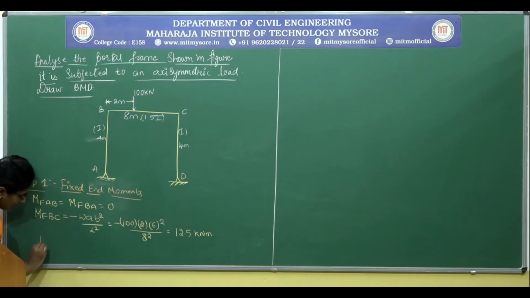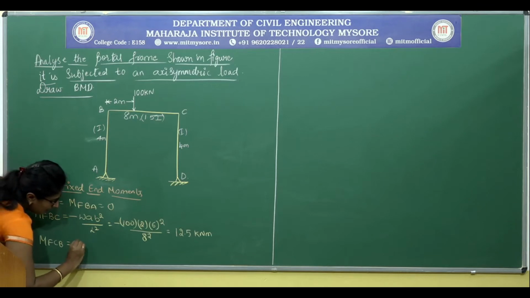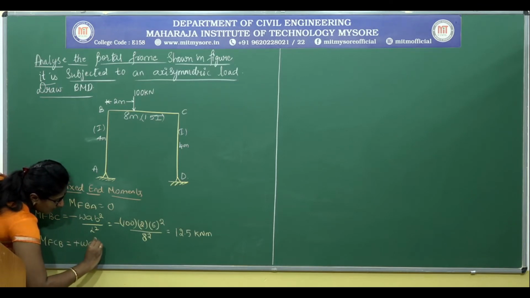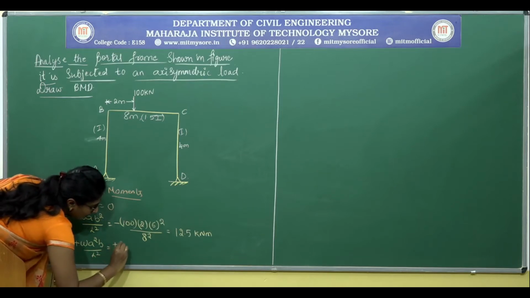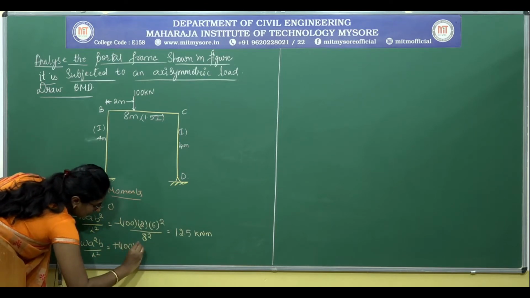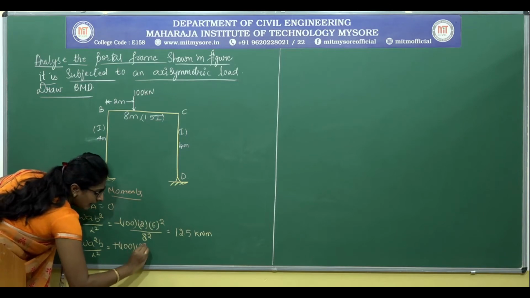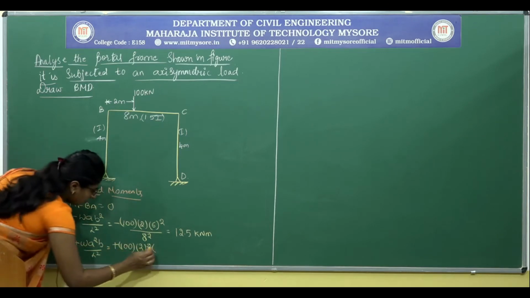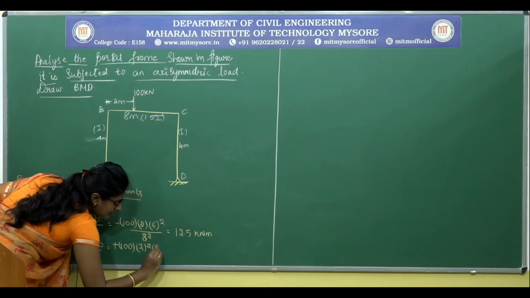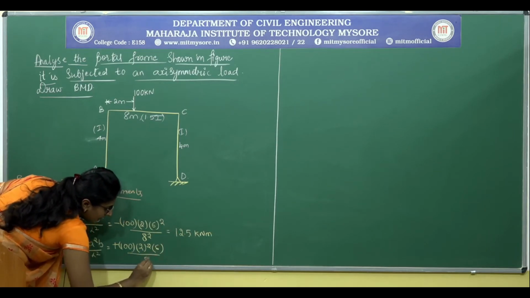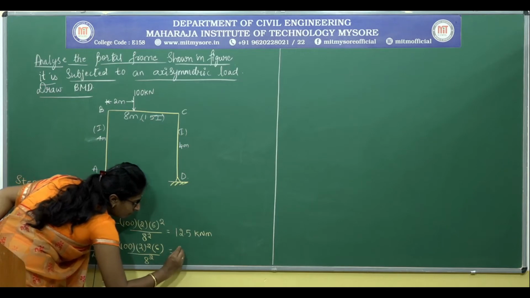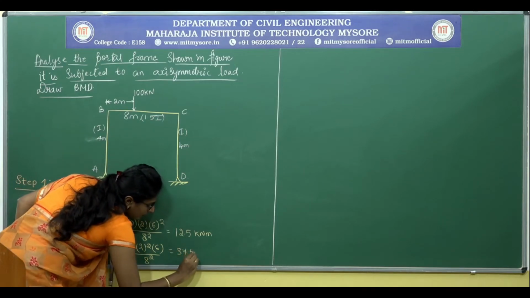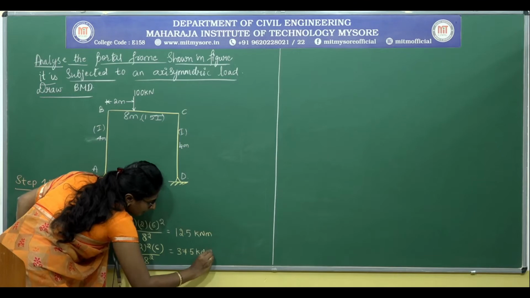Then MFCB is plus WA square B by L square, that is plus 100, A is 2, B is again 6, divided by 8 square, which will give you 37.5 kilonewton meter.